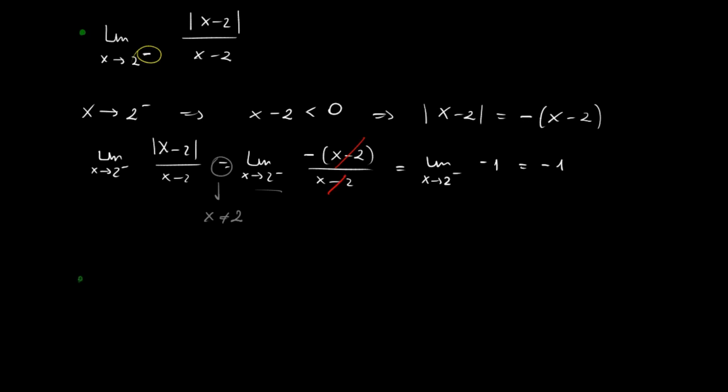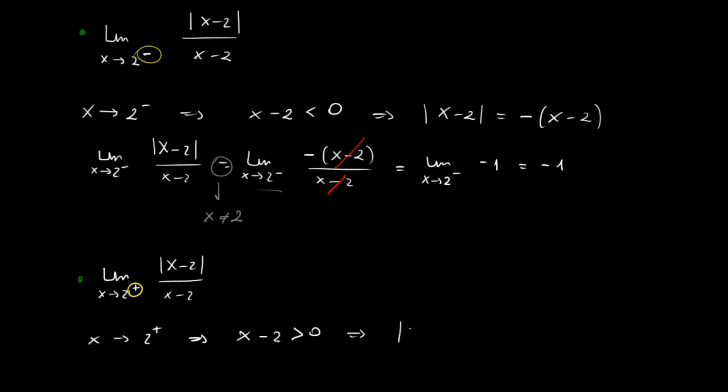Now let's try and calculate the same limit, but when x tends to 2 from the right. In this case, we're taking values greater than 2. So x tends to 2 from the right implies that x minus 2 is greater than 0, again using the definition we saw at the beginning of the video.